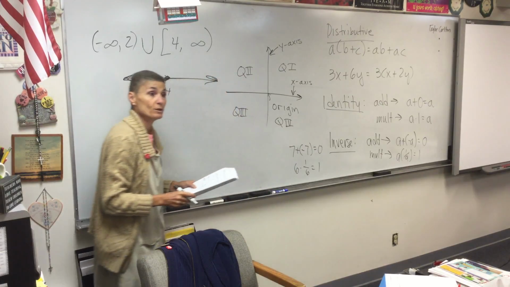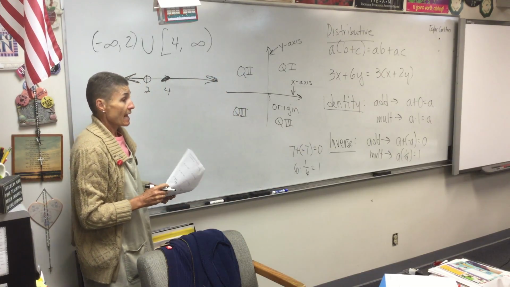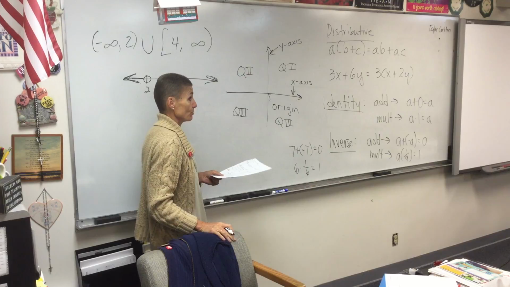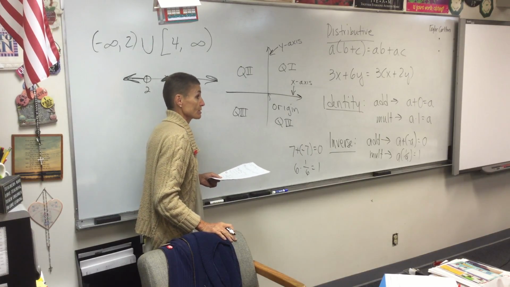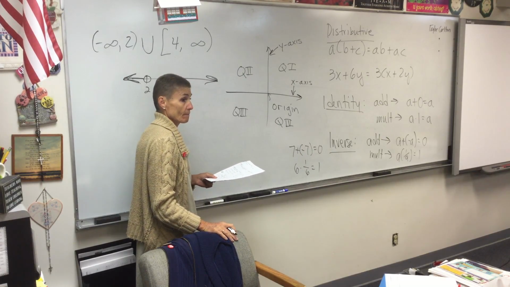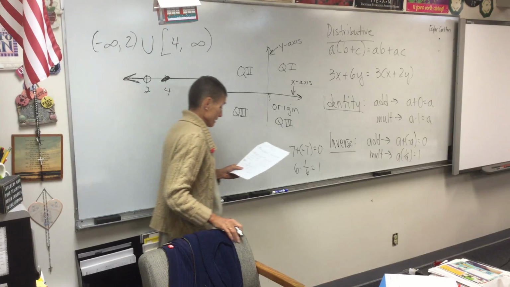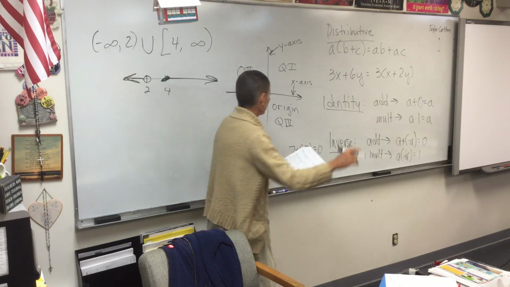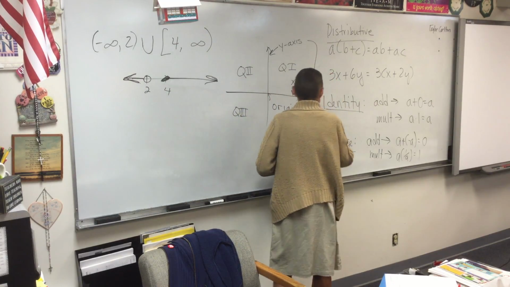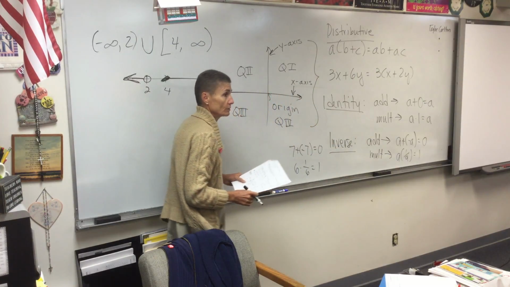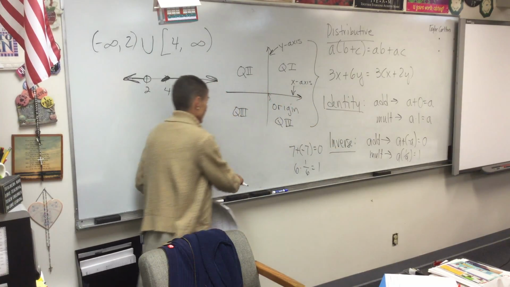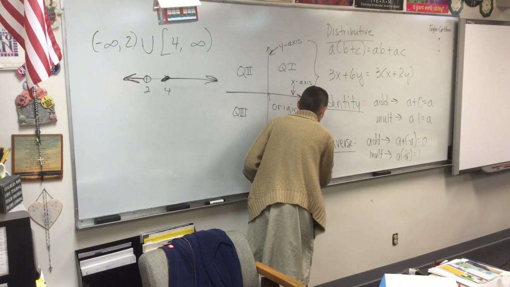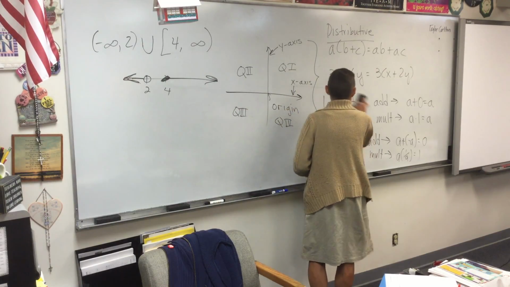Notice I'm using Roman numerals because that's what mathematicians do. They use Roman numerals. Now all your blanks should be filled in except this one. It says, what's that whole thing called? Does anybody know what the whole thing is called?